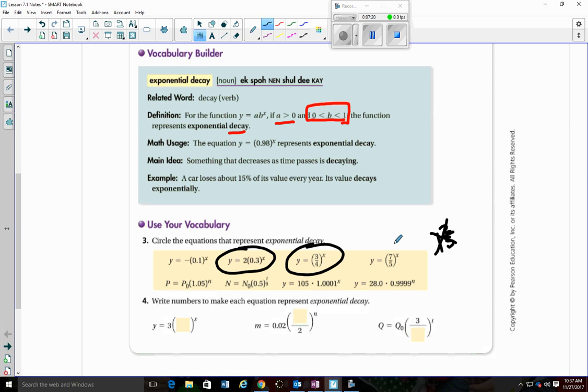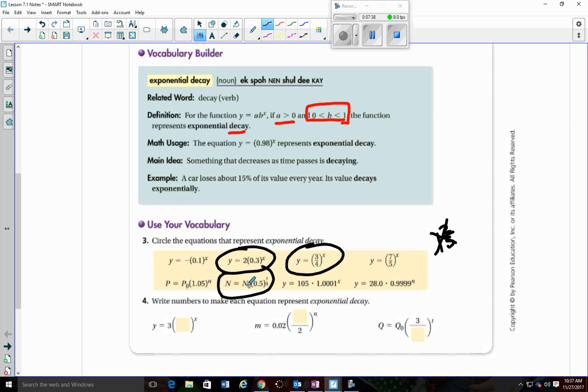Okay, moving forward, you can see this base here, 1.05. That's larger than 1. So that's not good. You can circle the one below that one. That one's okay. They're using the number in front as a variable now.